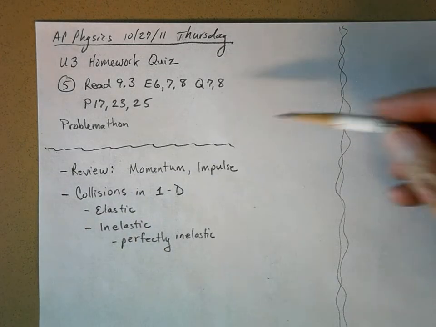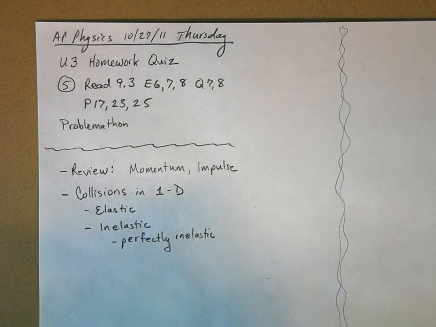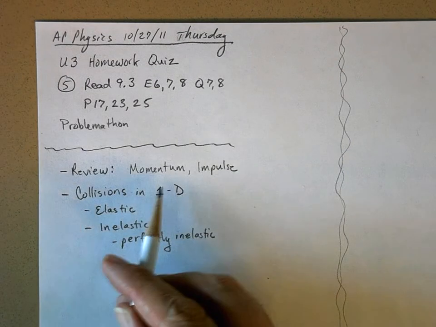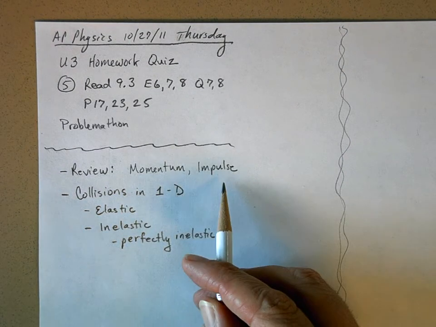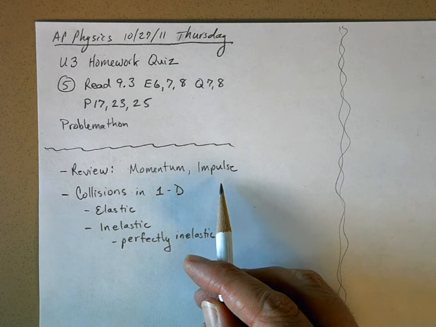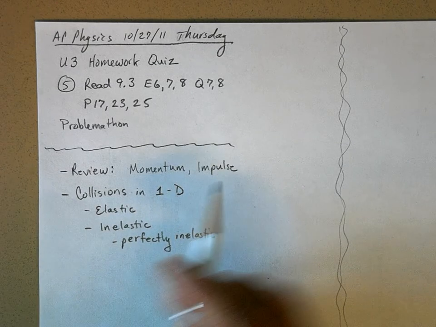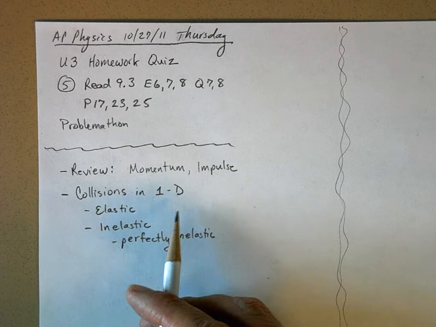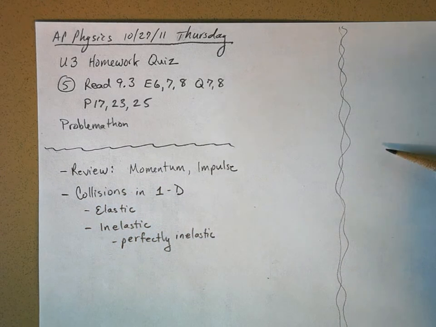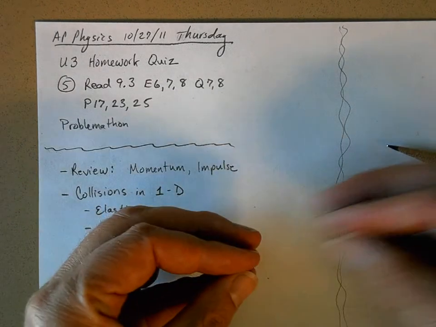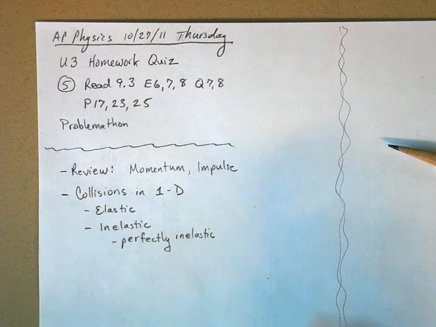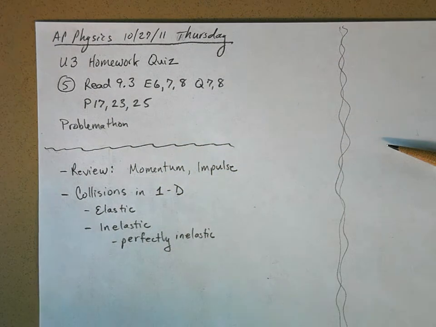All right, today let's do assignment 5. And to do assignment 5, I'd like to review momentum with you and talk about what impulse is. That's what we did last time. Then today we're going to talk about collisions in one dimension. Now what we mean by one dimension is collisions that are along a straight line. We'll talk about two-dimensional collisions next time, but all of these collisions are along a straight line.